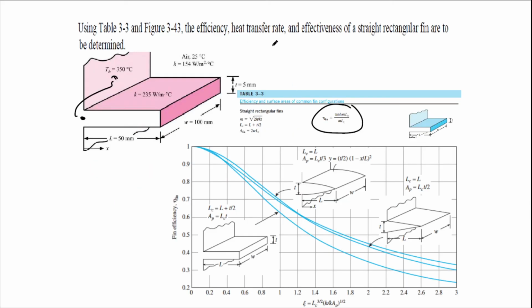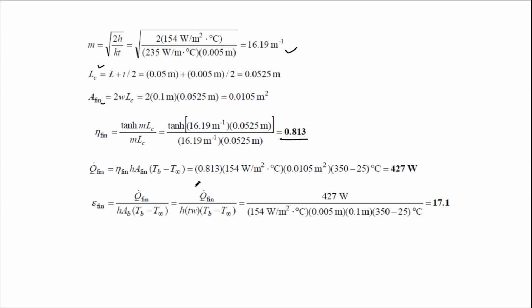And then we want to calculate the heat transfer rate. Because you have the efficiency now, you can use the base equation, the heat transfer without fin, multiplied by the efficiency, to get the actual. In this case, 427.